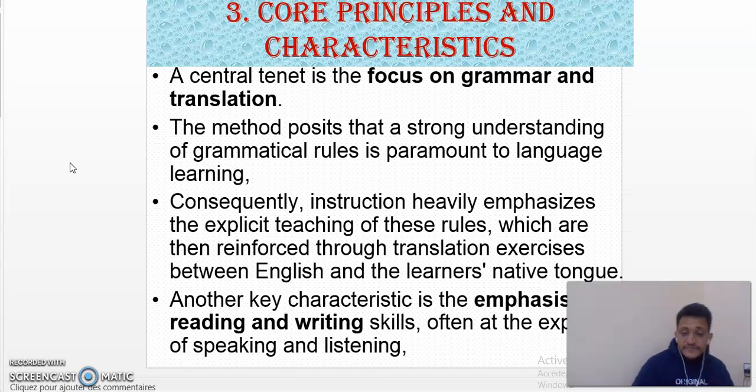Another key characteristic is that it gives much importance to reading and writing skills at the expense of speaking and listening. So we can say it neglects the speaking and listening skills and gives importance to reading and writing.